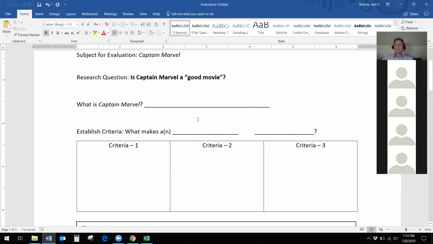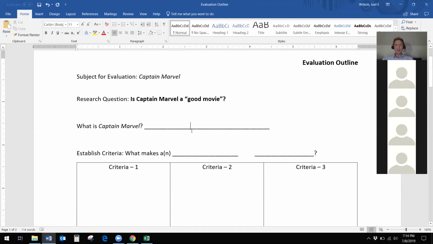So what is Captain Marvel, first of all? Captain Marvel was a movie. So how do I break this down? First part: what makes a movie good?